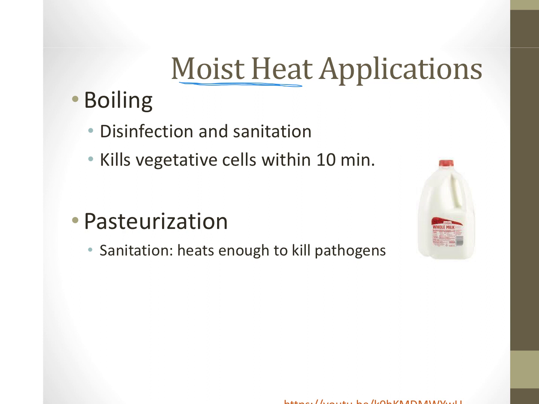So the first thing you think of if you're trying to disinfect something maybe at home is to drop it in some boiling water. Okay, so that water is going to be 100 degrees Celsius. When it gets higher than that, it's going to turn into steam, right? So if you have something like a pacifier that you want to disinfect, you could drop it in some boiling water and leave it in there for a few minutes, and that would do the trick.